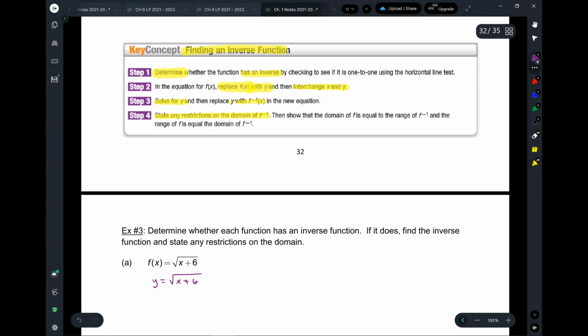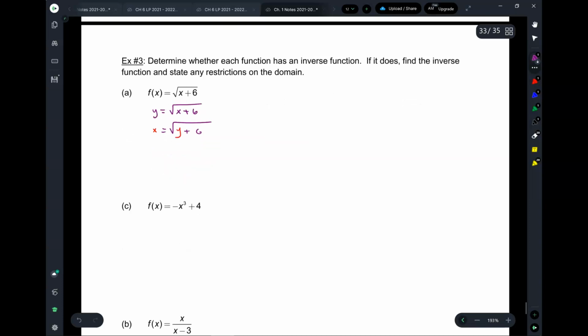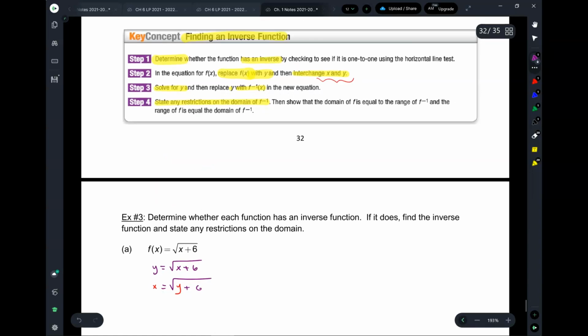And interchange x and y, right? So I'm going to do x equal the square root of y plus 6. Okay? Make sense? Now we need to solve for y. That's number 3. Solve for y.